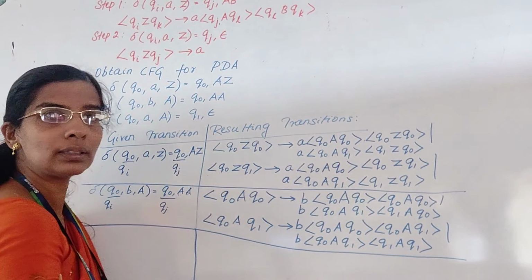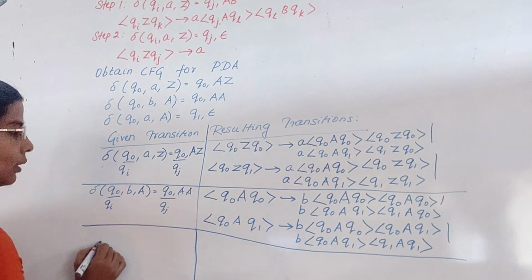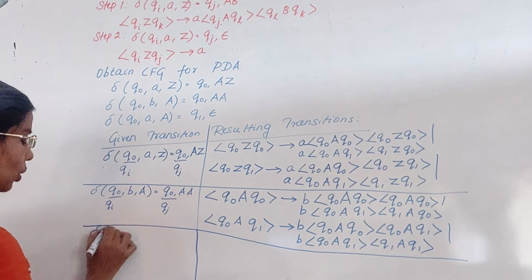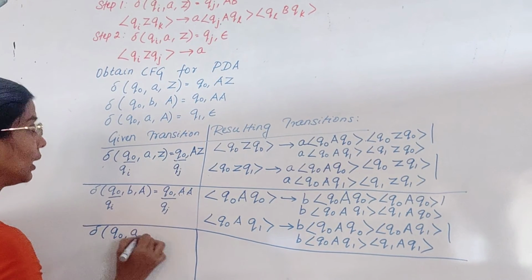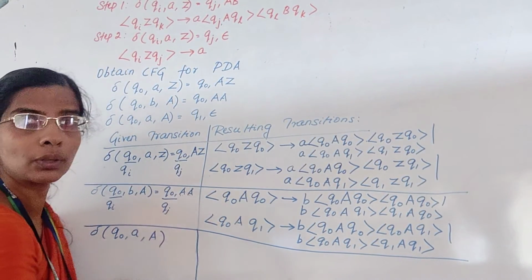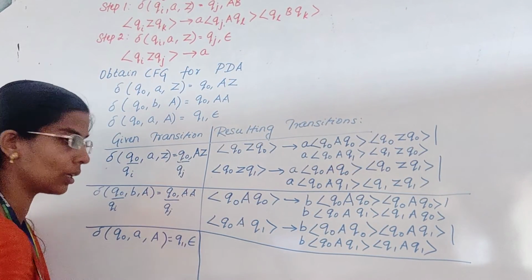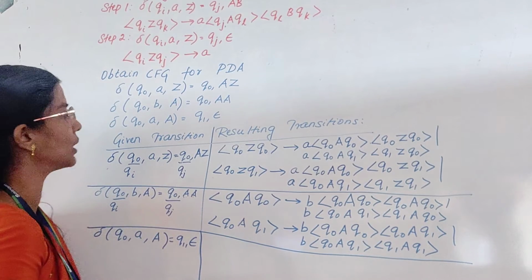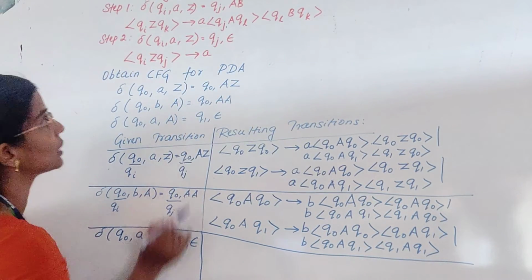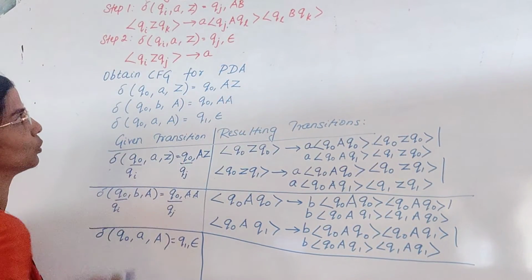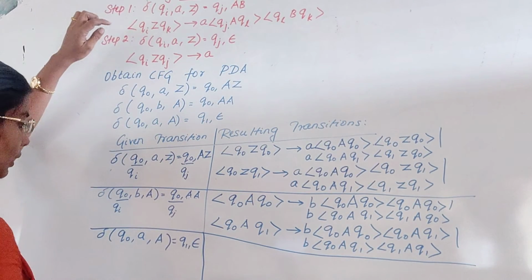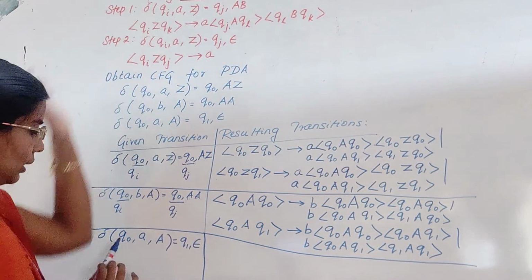Now what is your third transition given? The third transition given is delta of Q naught A, Q naught A, which is equal to Q1 comma epsilon. So this is of which type? Epsilon type. So come to step 2. Here Qi, Qj, there is a state change.